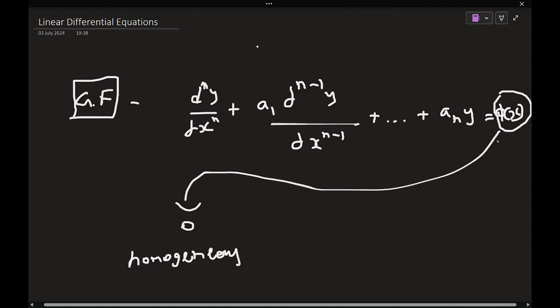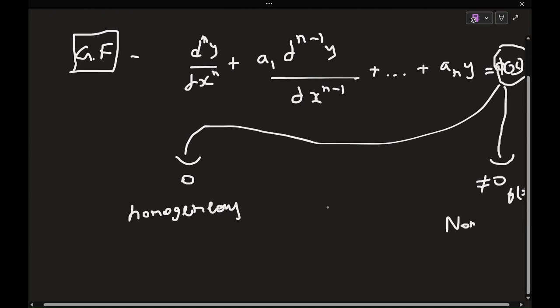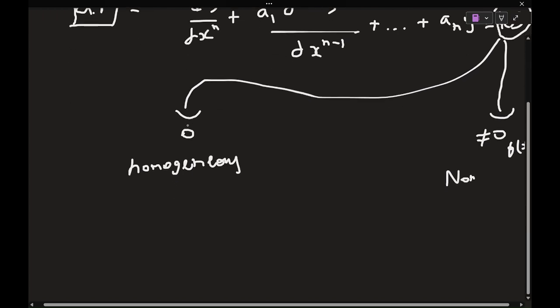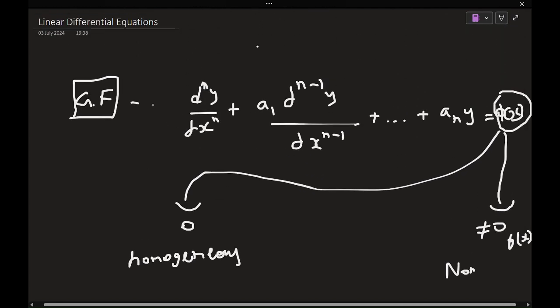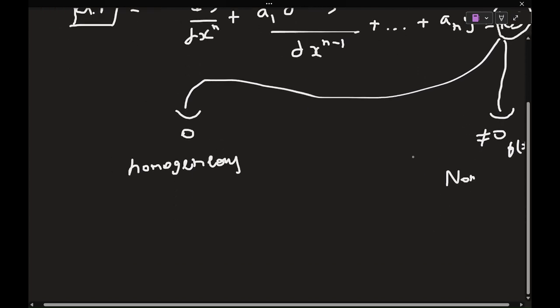And if phi of x is not equal to 0 and is equal to some function of x called f of x, or anything else, then it is called non-homogeneous. Makes sense? Now, in this video, we'll try to find how to find the solution of a homogeneous equation. This is what we are focusing on in this video.